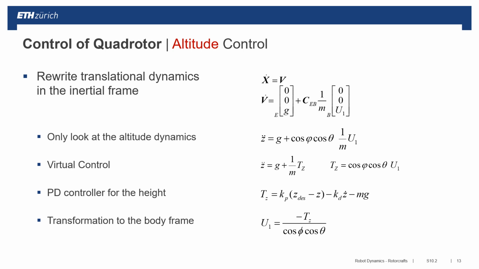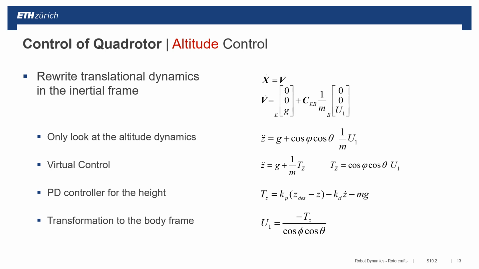So if you look in the Earth coordinate system at our dynamic model of the quadrotor, we can easily find the equation, which is that the acceleration in z direction, the height direction, is equal to g plus the virtual control input u divided by the mass and multiplied by the cosine of the roll and pitch angle. This is actually the transformation from the body frame to the Earth frame.